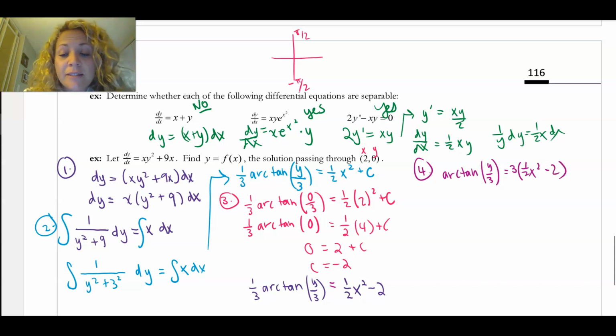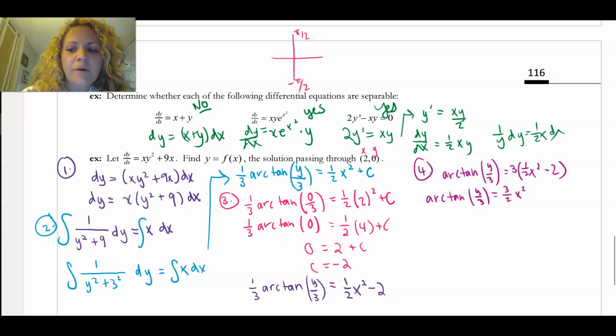So I would go ahead and distribute that 3, and I would rewrite that as the arctangent of y over 3 equals, when I distribute that, order of operations, 3 times 1/2 is just 3/2 times x squared minus 6.